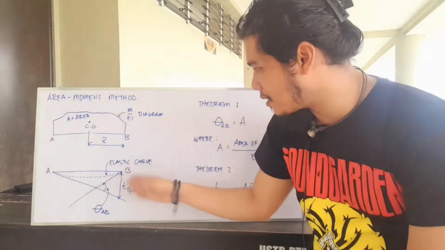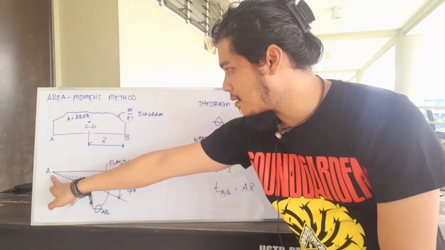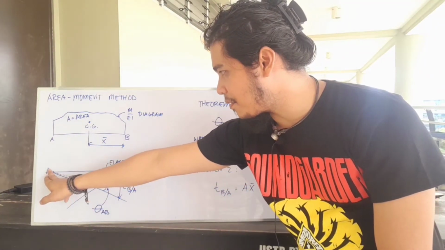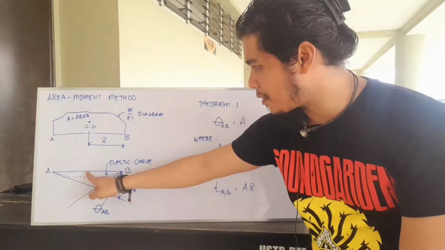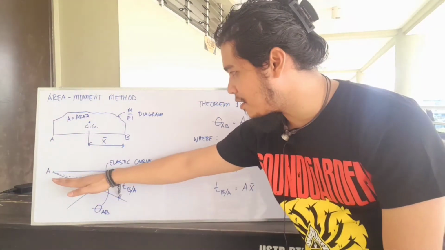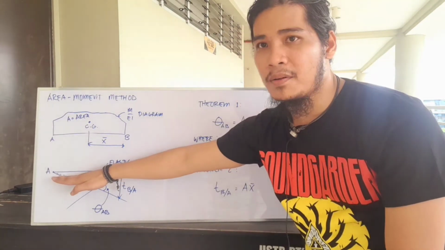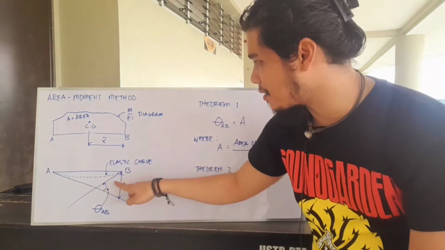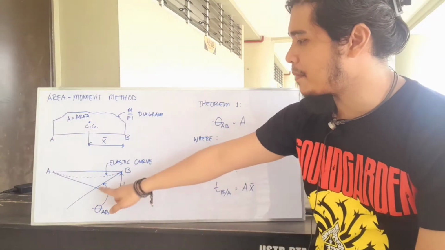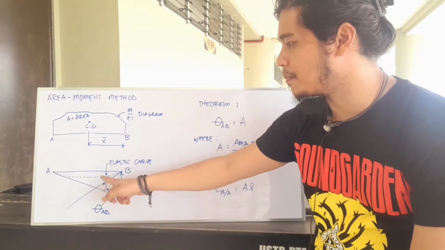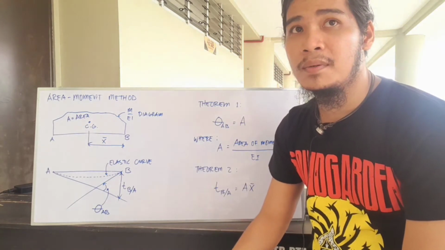Ganito yung direction ng tangent natin kasi ang curve natin from A. Pag sa maximum deflection ka, for example, dito sa gitna, ang tangent mo ay horizontal. Horizontal. Kasi, yun nga, isang point lang, the tangent line passes through at a single point sa curve.